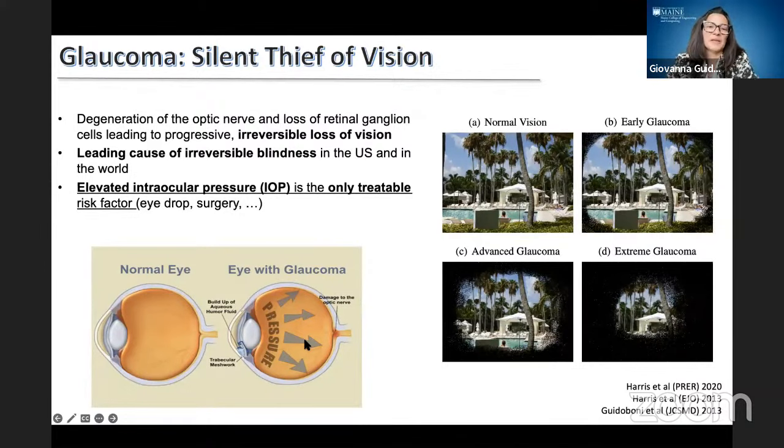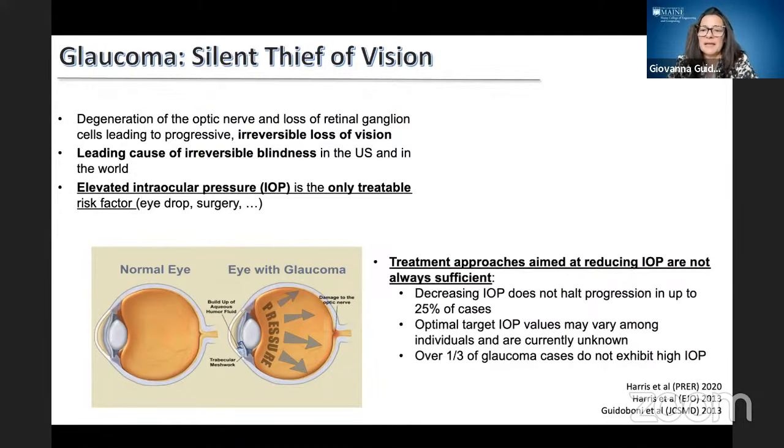And it can be decreased by non-surgical treatments like different types of eye drops, but also it can be decreased by surgery. The problem is that this treatment, so reducing IOP, is not always sufficient to stop the vision loss in glaucoma.